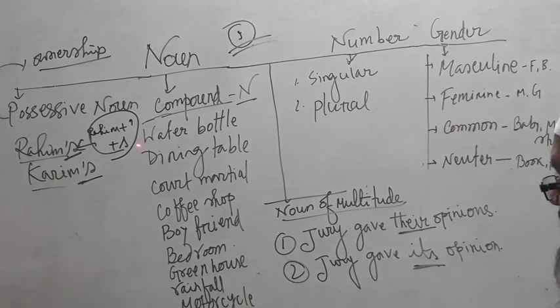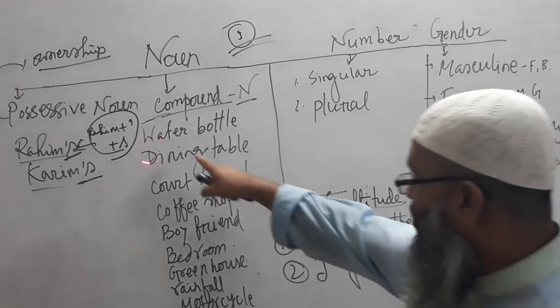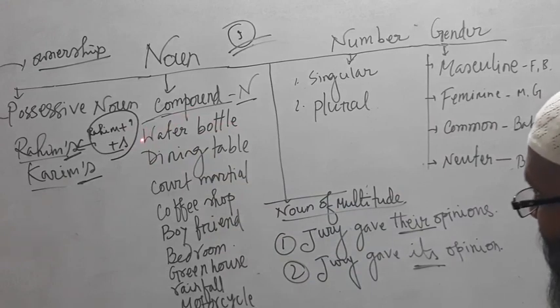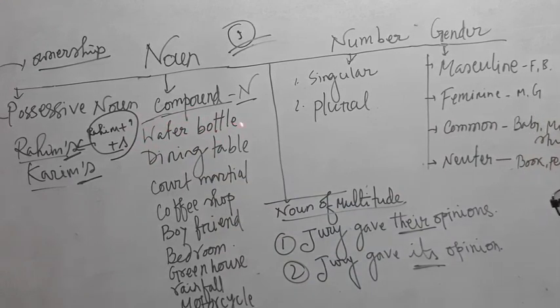See that I have written some examples here. Water is one kind of noun, and then bottle is also another noun, and both of the terms have made one sense. Water bottle, dining table, coffee shop, boyfriend, bedroom, greenhouse, rainfall, motorcycle.